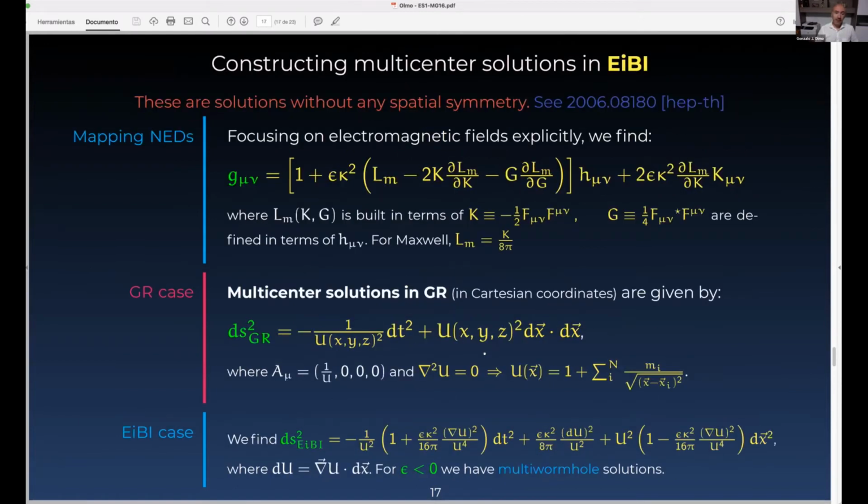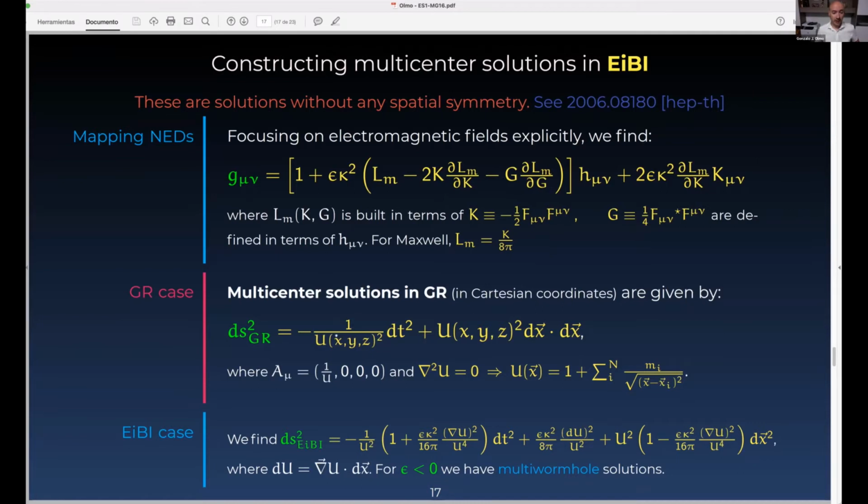And a similar approach can be used to find multi-center solutions, but instead of using the analogy with fluids, it is convenient to use the complete electromagnetic correspondence, which is given by this expression. Okay, you have a matter electromagnetic Lagrangian defined in terms of these electromagnetic invariants. So the relation between the solution of GR and the solution in Born-Infeld gravity is given by this expression.